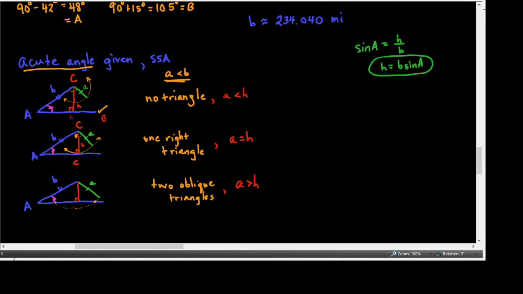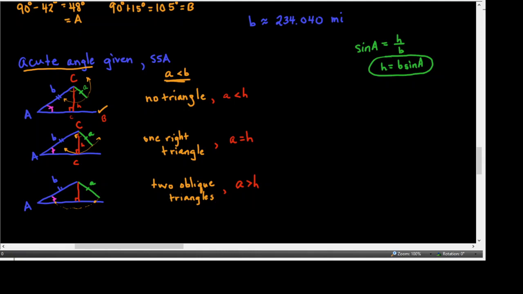And comparing the value of A to the altitude of the triangle, which you find by multiplying the other given side, not A, but the other one, B, times the sine of the given angle, that'll give you H. When you compare A to H, A has to be smaller than H, equal to H, or greater than H. One of those three things has to be true. And that will lead you to no triangle, one triangle, or two oblique triangles. So that's that situation. Okay.